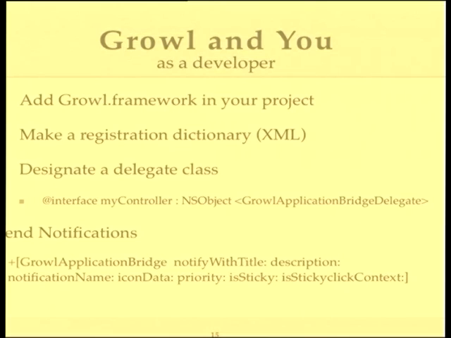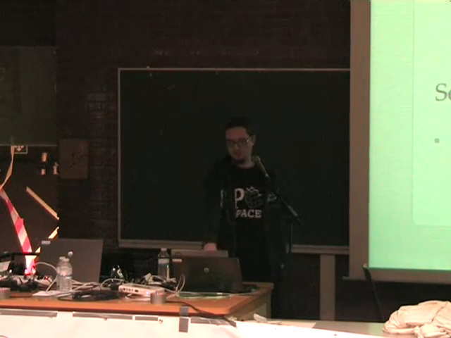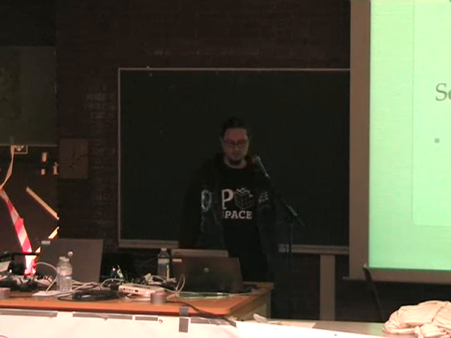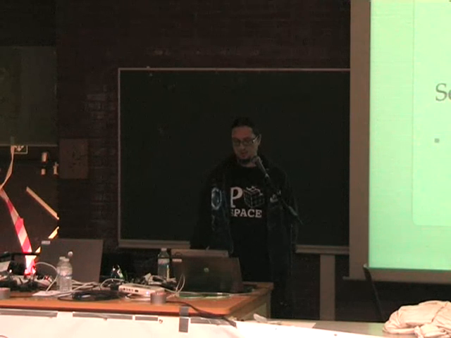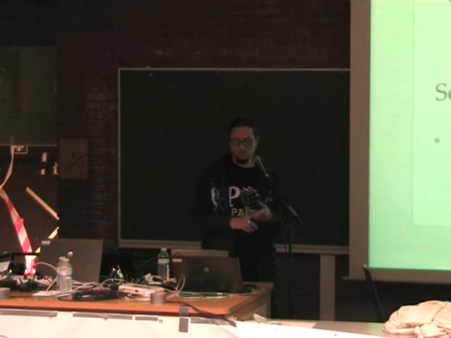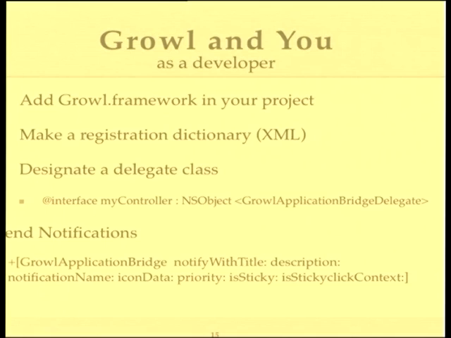Then on your project, you need to designate the class that's going to send the notifications by adding a simple interface, this line, Growl application bridge delegate. And then you can start sending notification using this call, which basically sends a notification with the title, the description, the notification name.